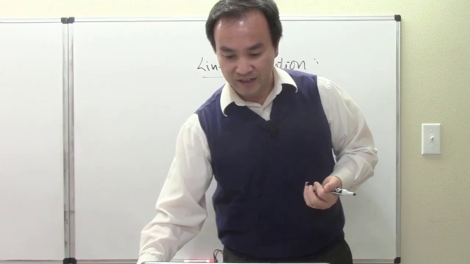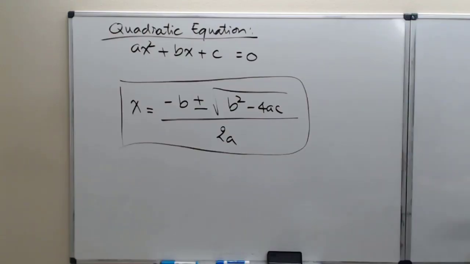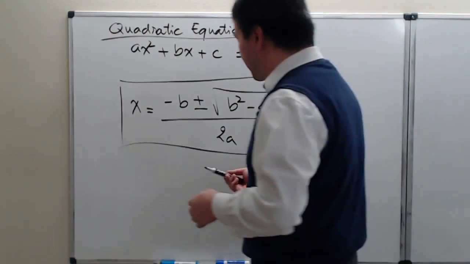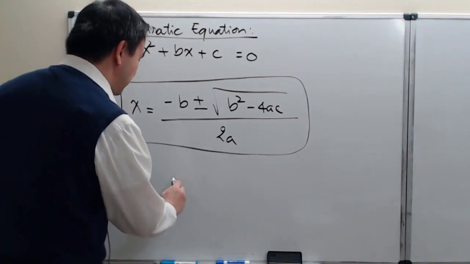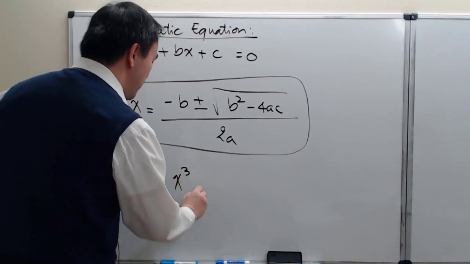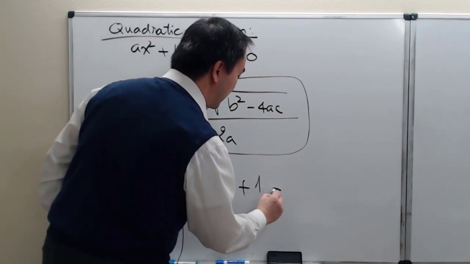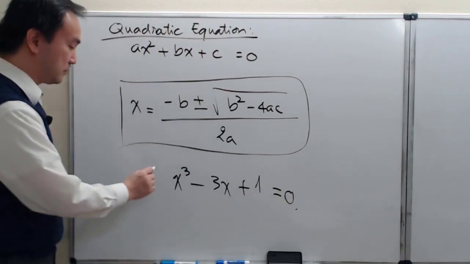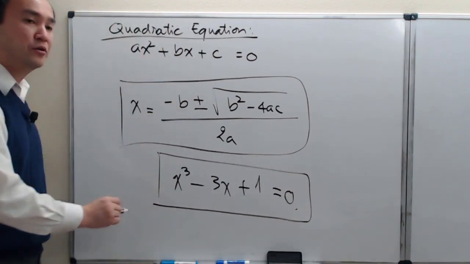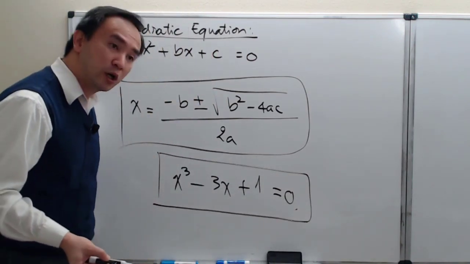If we step out of this world of solving quadratic and linear equations, and step into something like x cubed minus 3x plus 1, for example, equals 0, this all of a sudden brings us into an entire brand new world which we have almost no clue about.